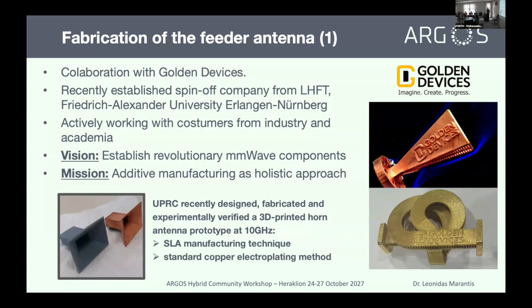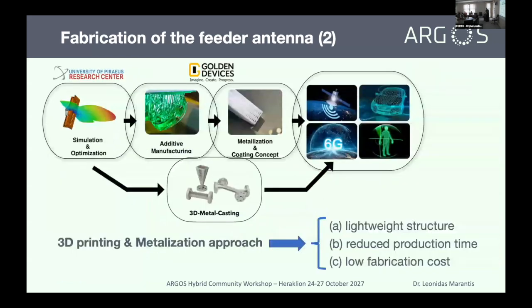But now we will collaborate with this company for the whole process of the fabrication. We're going to do the simulation and the optimization of the simulation, then we're going to perform the additive manufacturing and the metallization.